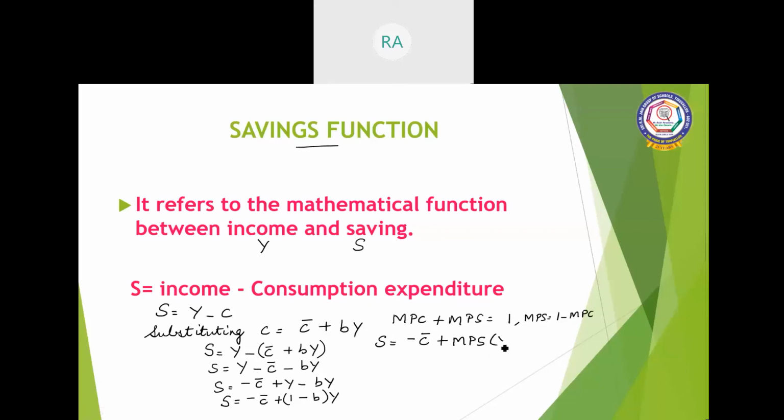Savings is equal to minus autonomous consumption expenditure plus MPS into Y. This is the first equation that we have got, and this is also another equation for savings.